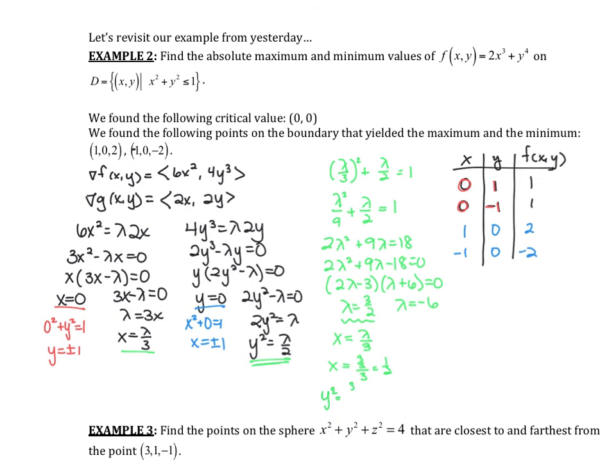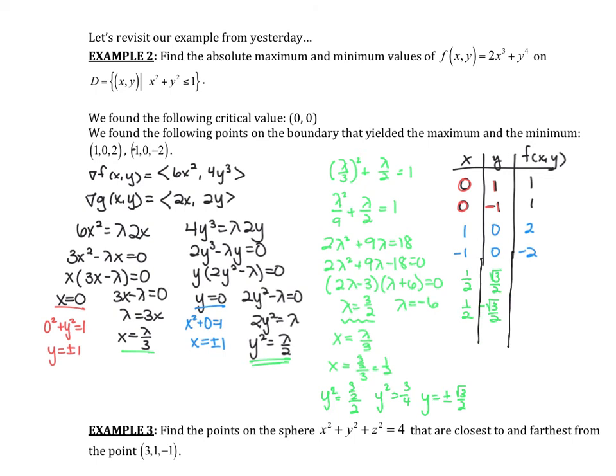So y squared equals 3 halves over 2, which means y squared equals 3 over 4, which means y equals plus or minus root 3 over 2, or root of 3/4, which simplifies. Well, we knew that from before. We got those values before, where x equals 1 half and y equals positive root 3 over 2, and x equals 1 half and y equals negative root 3 over 2. Those are in that boundary region, so we're good there.